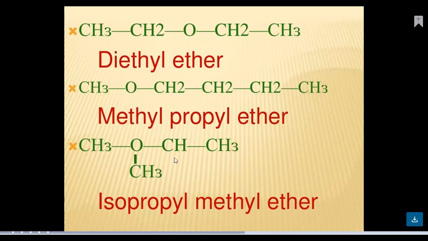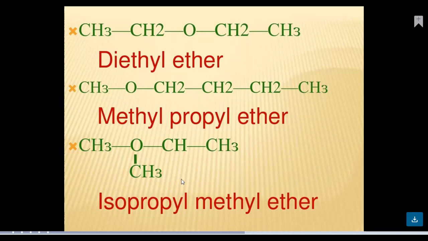isopropyl methyl ether. And I mentioned to you, when we have an isopropyl, it has the same number of carbons and hydrogens, but it's not distributed in the same way. Once again, remember this actually belongs down here. So when the ether is attached not to a primary carbon in the propyl, but to a secondary carbon in the propyl, it's not propyl anymore, it's isopropyl, and then methyl ether.